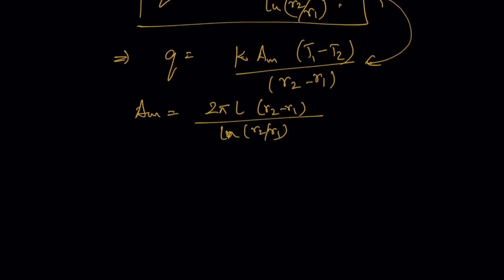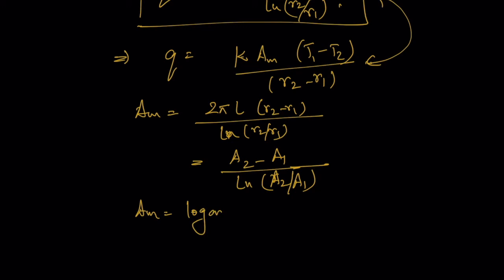Okay, and this can be written as A2 minus A1 divided by ln A2 by A1, and therefore Am is also called the logarithmic mean area.